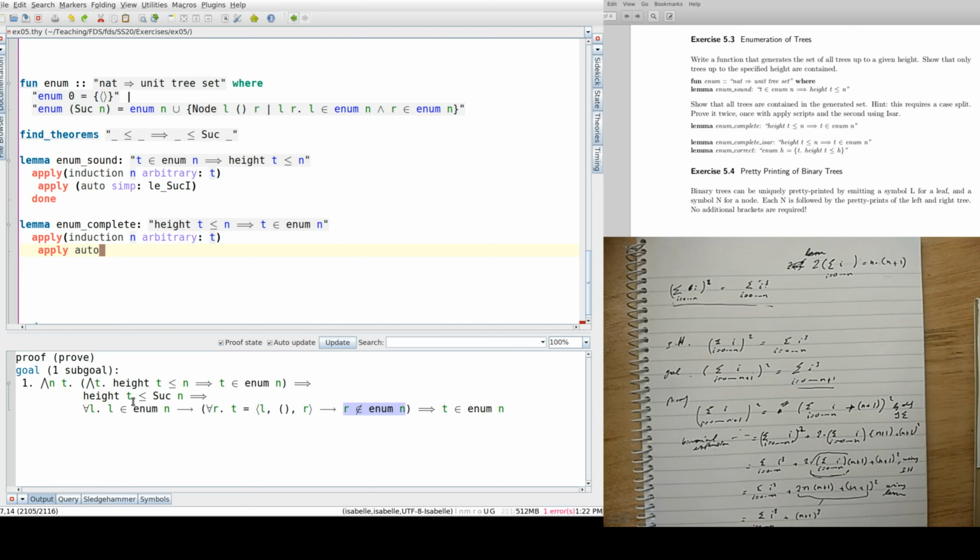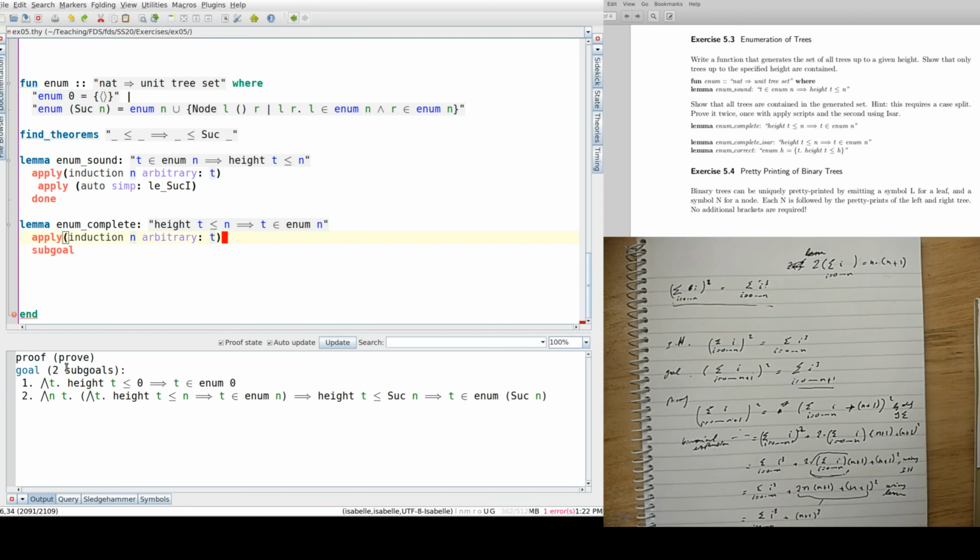And if we have a false in our assumptions, that means that we can prove any theorem from it. Okay, so let me show you how to do that with apply style, and then I will show you how to do it with Isar. Okay, so firstly, now we have one goal. Well, actually, let me show you this. There's this keyword subgoal, and when you do induction, you have two subgoals.